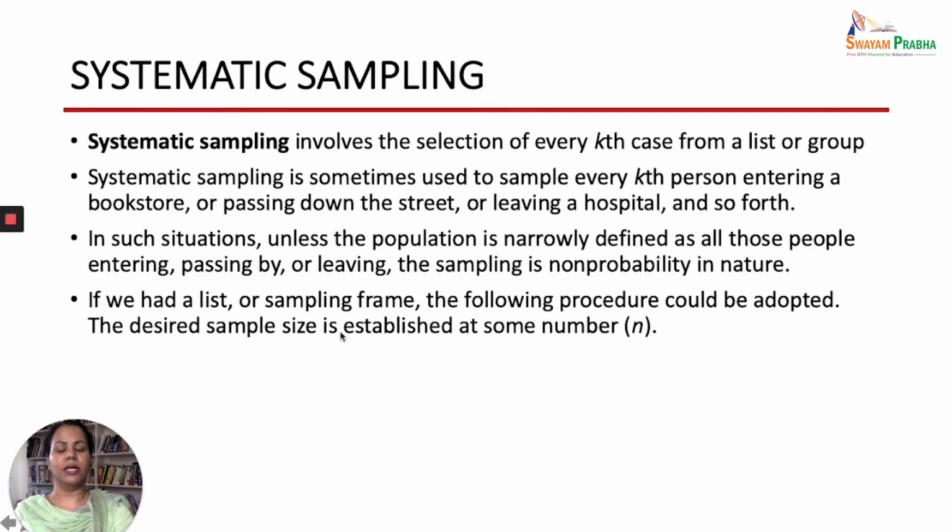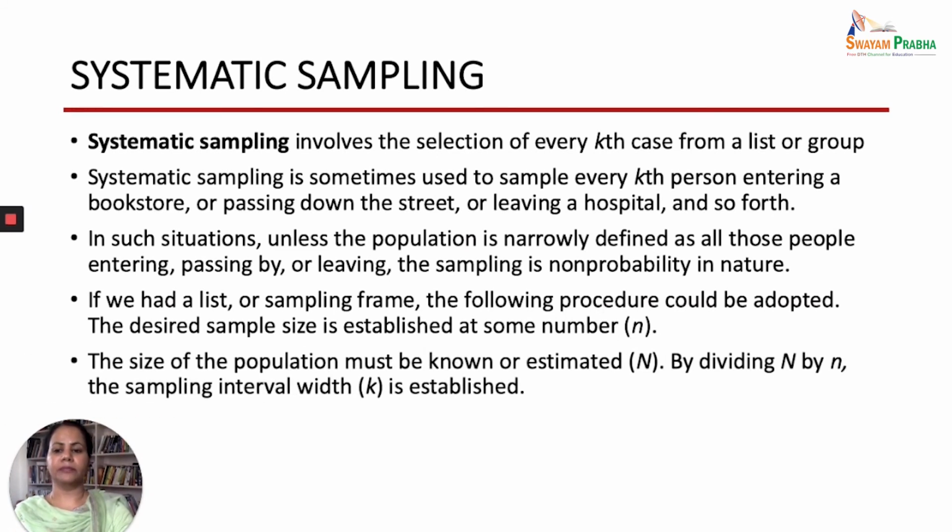We know the desired sample size, which is given as small n, and the size of the population must be known or estimated, which is given as capital N. By dividing capital N by small n, the sampling interval k can be established.